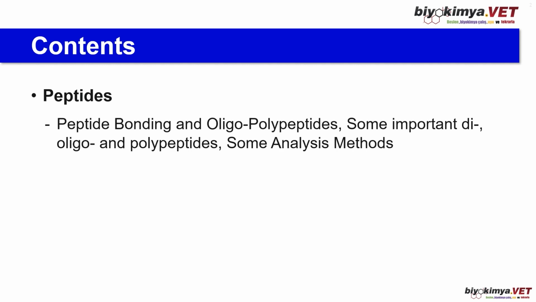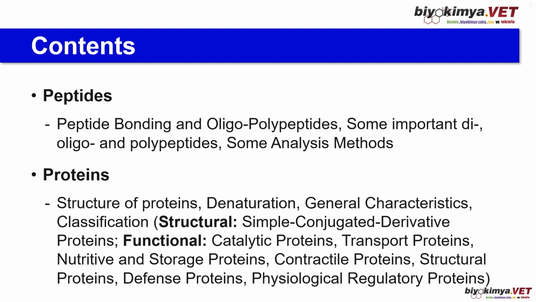Let's look at the content of our topic, and we will start with the peptide. What is the peptide bond, oligopeptides and polypeptides, and the other titles. And then proteins, which is a big part of the topic. We will examine the structure, properties, and classification of proteins.